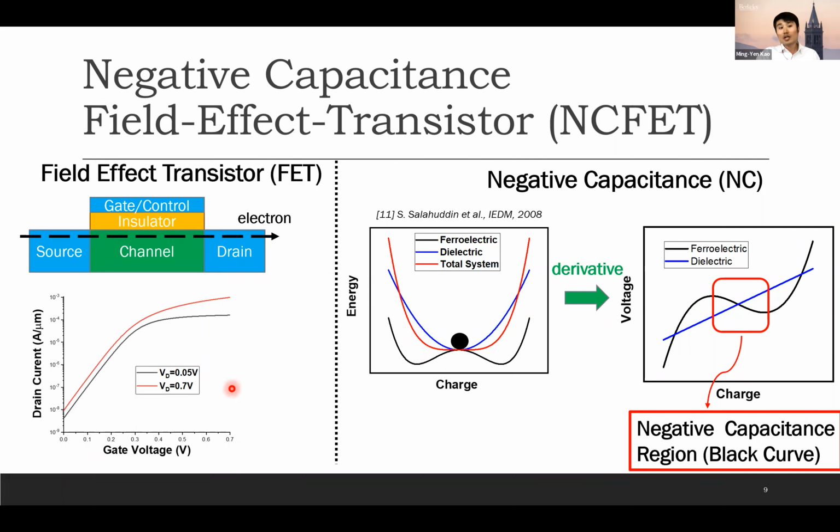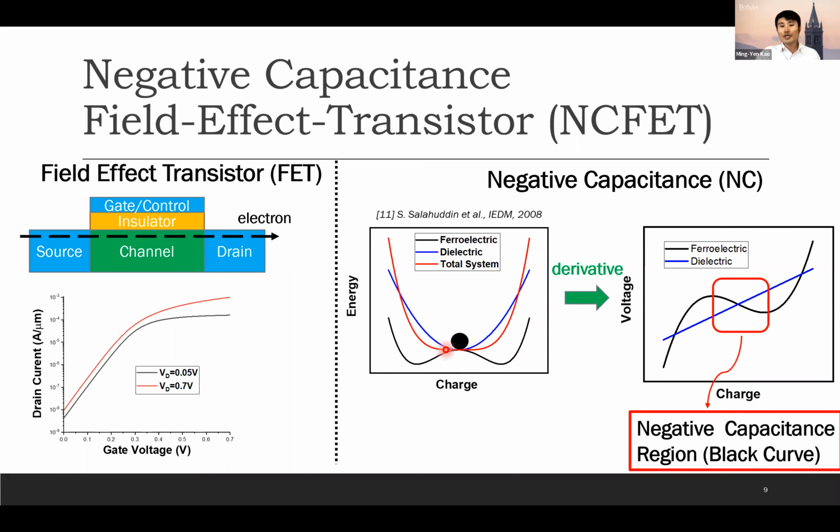After knowing what a FET is, let's talk about what the NC, negative capacitance, is. If we plot the dielectric, this parabolic blue line, on this energy y-axis versus charge x-axis plot, along with the ferroelectric, the black double valley curve: in nature, if we put this ferroelectric alone, it will stay at the minimum energy, so the charge will not be zero.